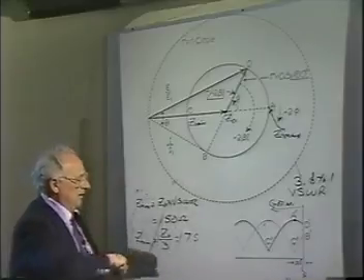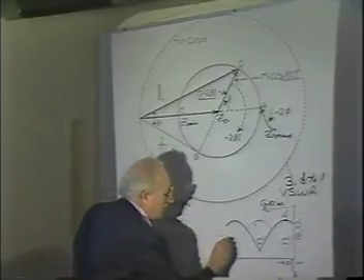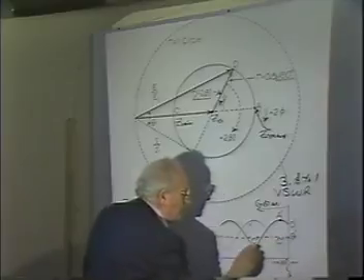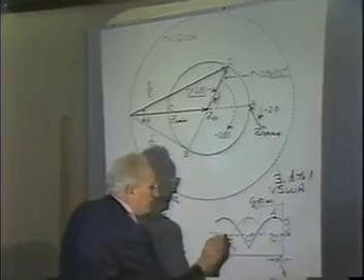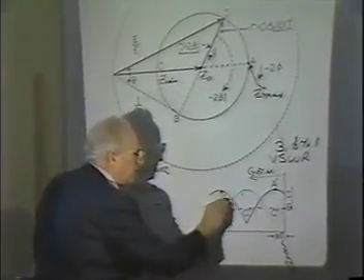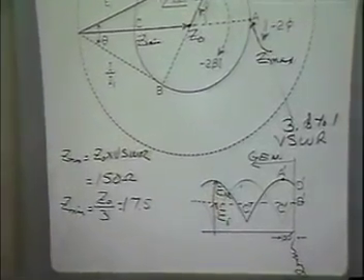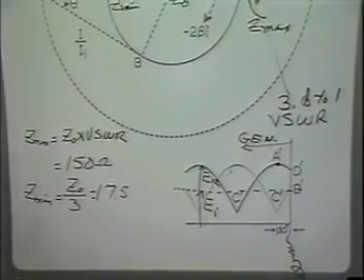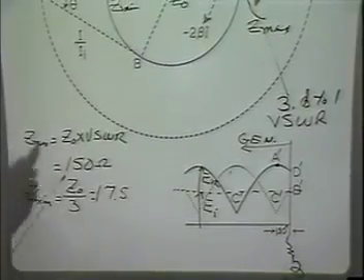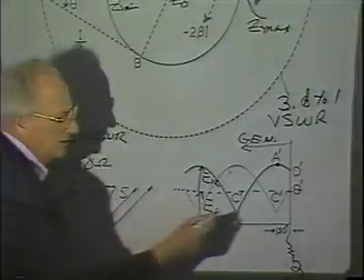Notice what's going to happen now. If I draw a line through here to represent E sub I, this is E sub R, like that. If at this point I come along and say, I'm going to terminate this in some other small impedance.